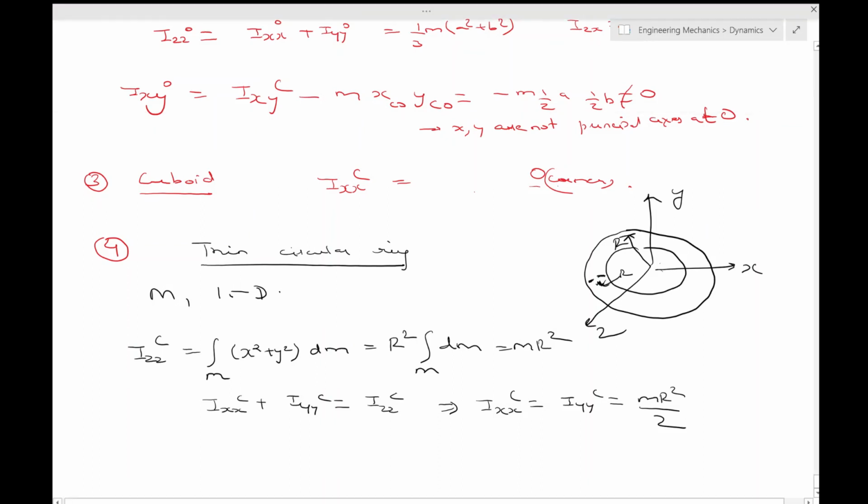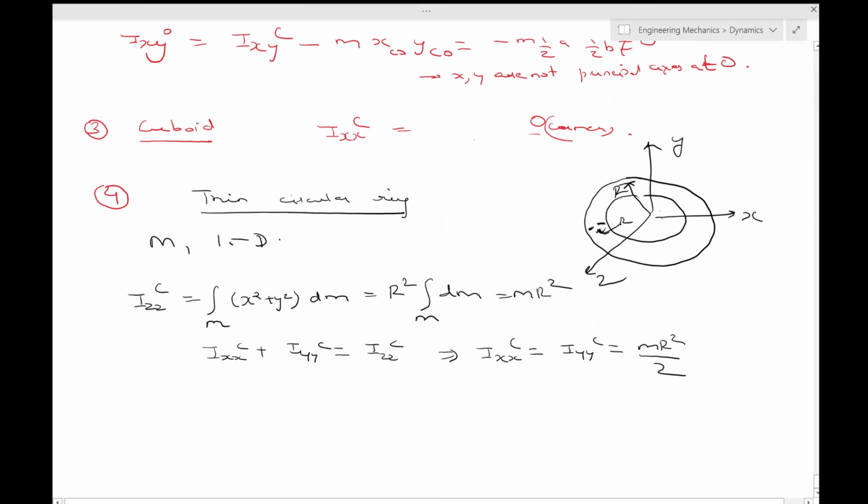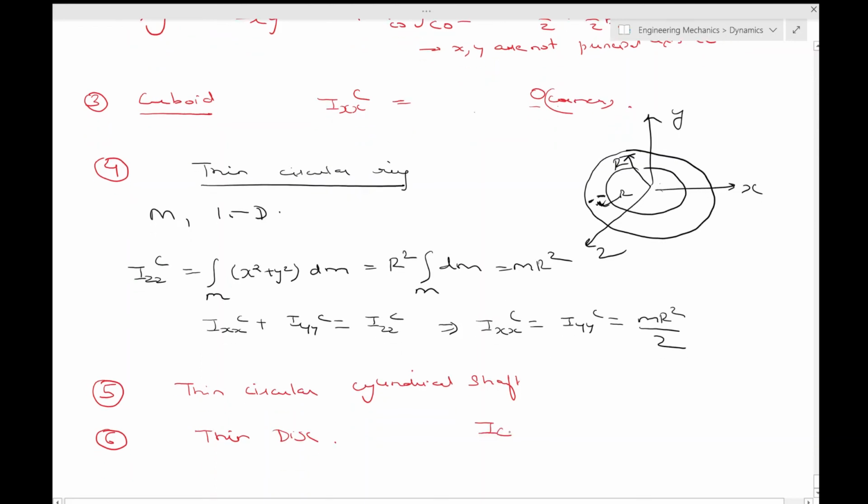so once the thin circular ring is done, you can also repeat it for several other cases, like a thin circular cylindrical shaft. So I'm writing it in red because these are all somewhat exercises for you to do. And then you have a thin disc, Izz for this should be equal to m r square by 2.